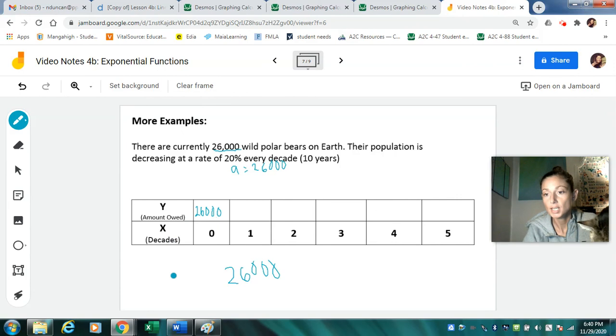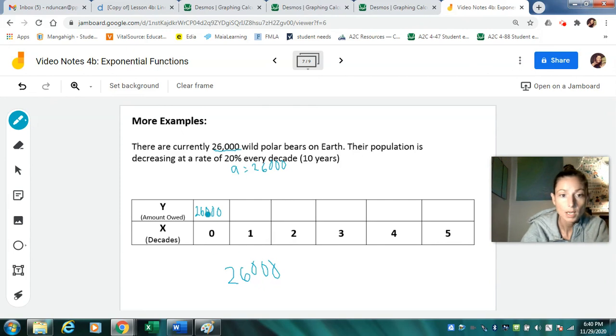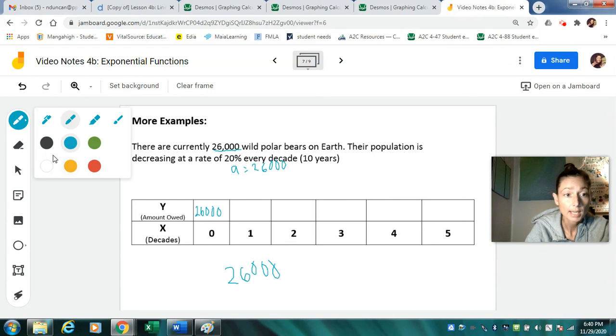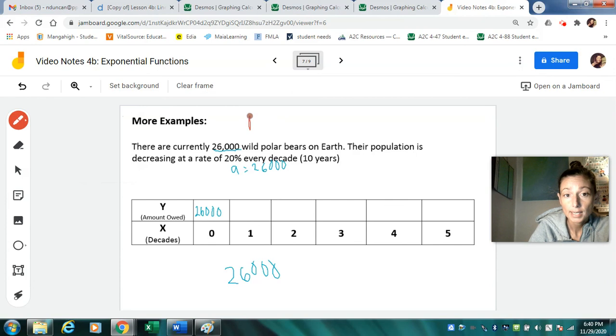Now, they have been studying the polar bears, and the rate is probably going to change, but currently the rate is about 20% decrease every decade, every 10 years. And so we can kind of predict from there on out how many polar bears there would be. So to do 20% decreasing by 20%, first we're going to take that percent and turn it into a decimal.